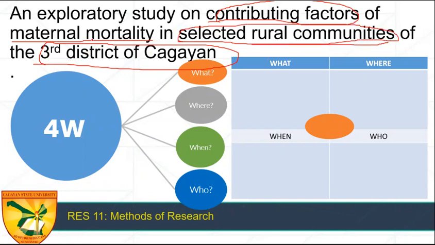And for when, it is also embedded for an exploratory study. This is research usually conducted when a researcher has just begun an investigation and wishes to understand the topic in general, to explore. So it starts when the researcher starts the investigation, and we can go deeper either backwards, retrospective or prospective.